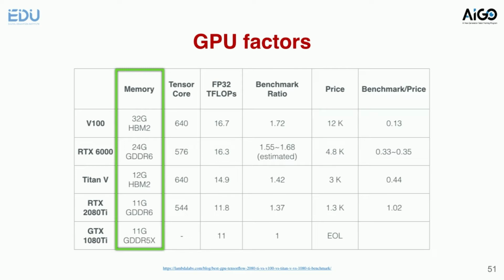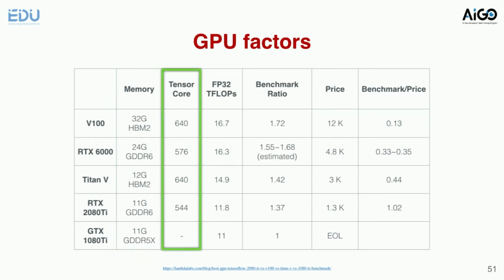Titan V has 12 gigabytes. The RTX 2080 Ti has 11 gigabytes. Sometimes the memory will limit what kind of model you can use and how big an image you can input. So it is a very important factor when you choose the graphics card.